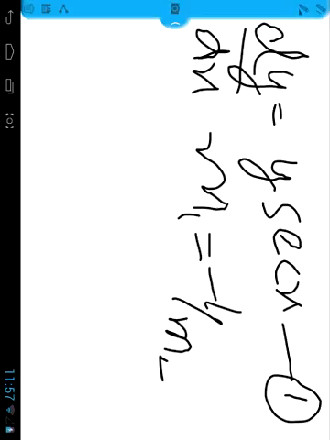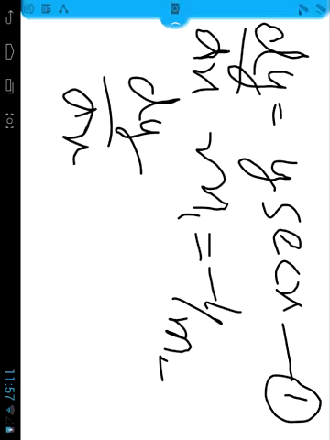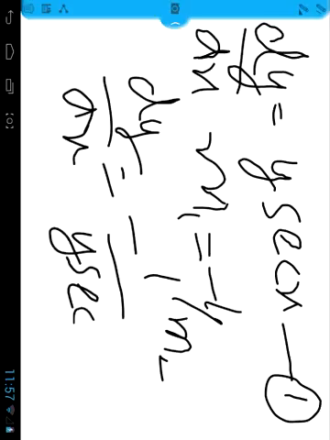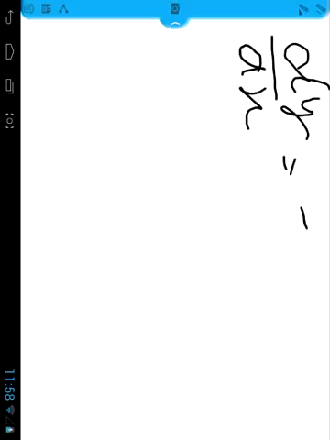So to find the orthogonal trajectory of our equation, the slope will become the negative reciprocal of our differential. We will be using equation 2 from now on. Now dy by dx is equal to minus 1 upon y sec x.